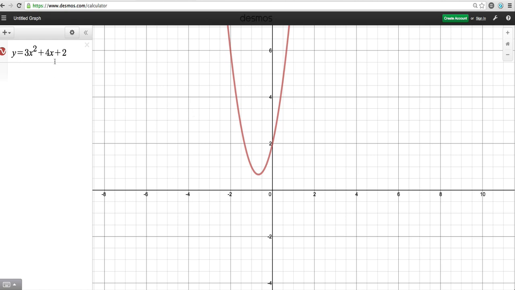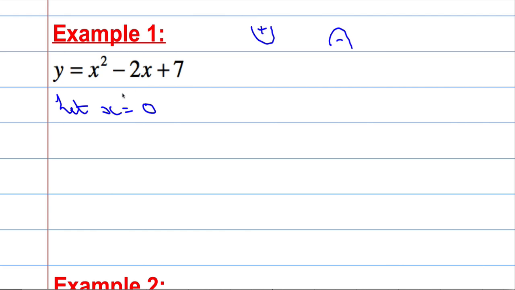In this one, for example, when x is 0, the value of y is 2, and you can see quite clearly that this quadratic cuts the axis at 2. So let's go back to this one. Let x equal 0, which implies that y will equal 7. That will be 0, and that will be 0, so y is equal to 7. So the y-intercept is the point (0, 7).